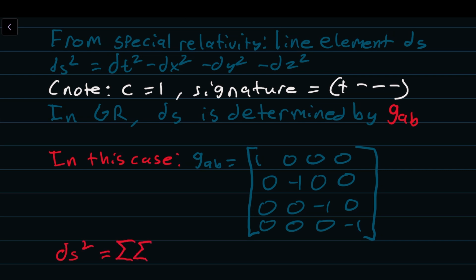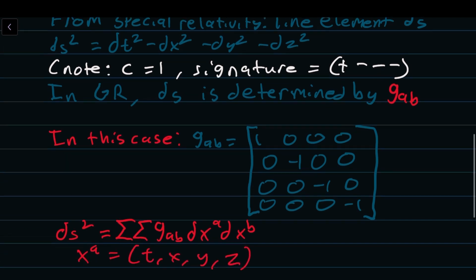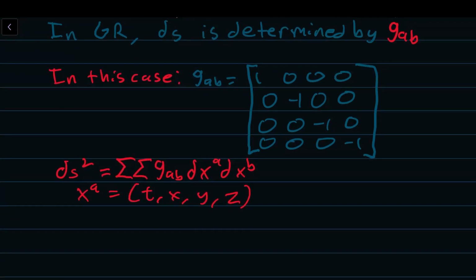So the way we determine it in general is pretty simple. We just take each of the terms in the matrix and multiply it by the respective dx coordinates. And so here I've written that it's g_ab times dx^a times dx^b, where x^a represents t, x, y, z, so basically each of the 4 coordinates.